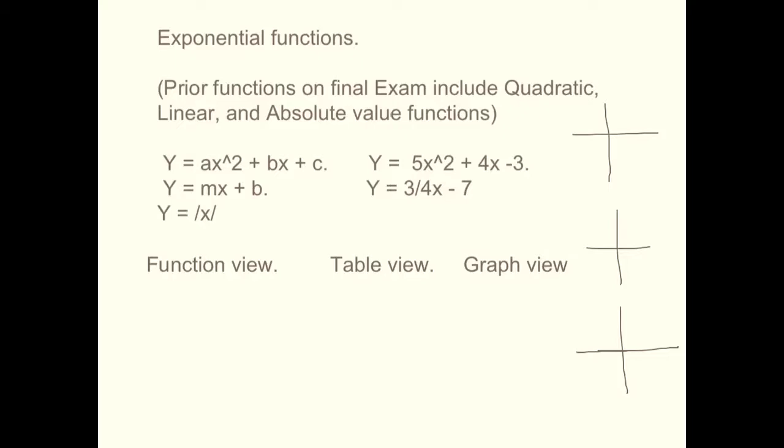Hopefully, with a little thought, you were able to realize that the quadratic graph should be a parabola, either opening down or opening upwards, that y equals mx plus b would have to have a constant slope. It could have a slope of 0, an undefined slope, a positive slope, or a negative slope.